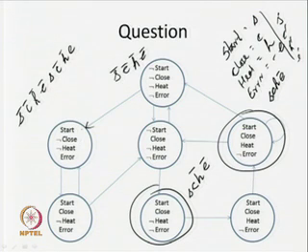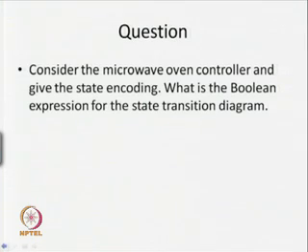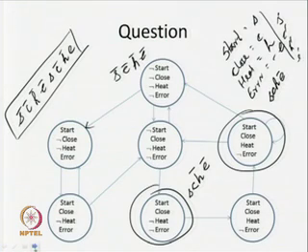This transition is represented with the help of this Boolean expression. Like that I can write the expression for all the transitions and eventually I get a Boolean expression. That is why I am saying: what is the Boolean expression for the state transition diagram. Once we get it, we can represent this Boolean expression with the help of ROBDDs.